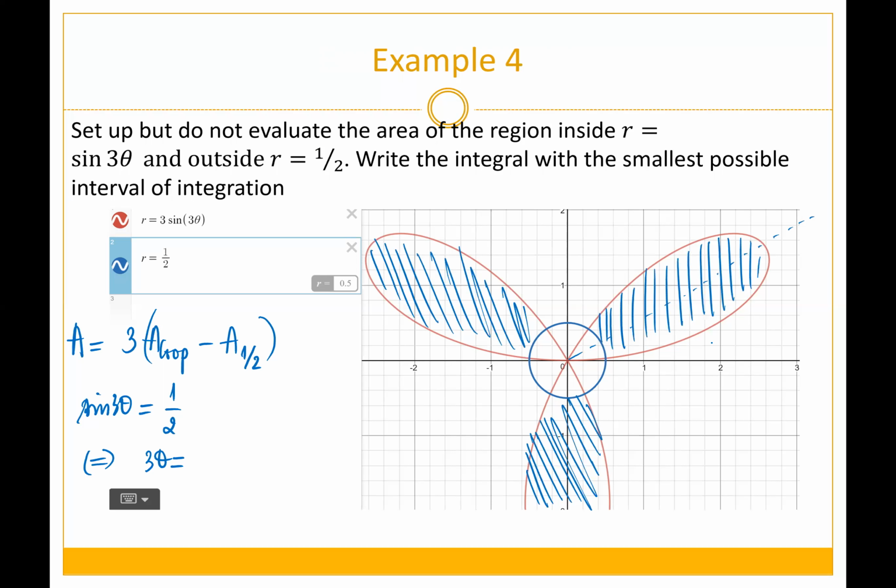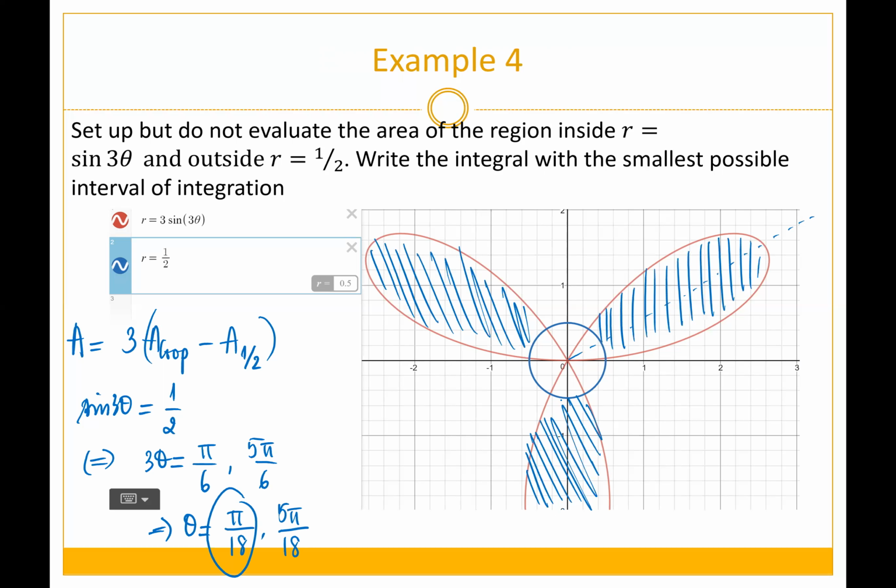And so 3 theta is most likely to equal pi over 6, or if it's on this side, it's going to be 5 pi over 6, but that's a little bit too much. Then you're going to have theta equal pi over 18 or 5 pi over 18. But pi over 18 is what I'm looking for here. 5 pi over 18, it might have already gone down here.